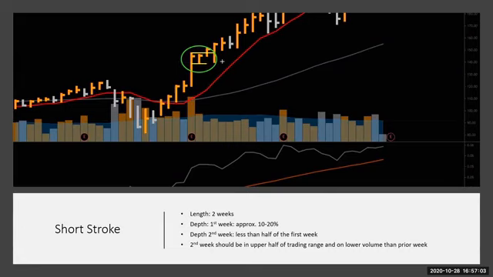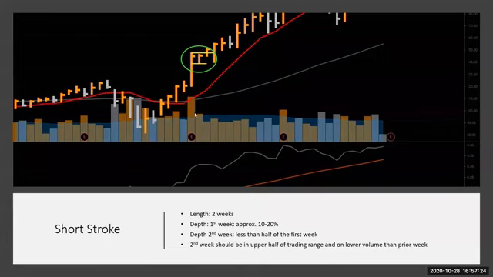I think this breakout happened in late March, early April, somewhere in that neighborhood, where it had this big breakout after earnings, and then the short stroke. Why it's called the short stroke: you had that one big bar, and then a very short bar on lighter volume.